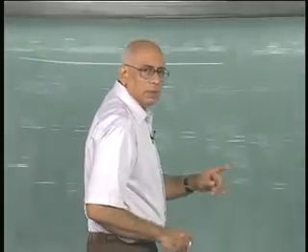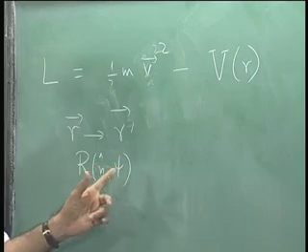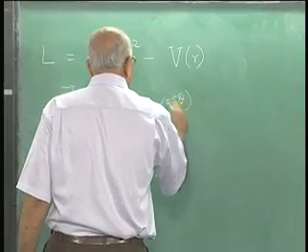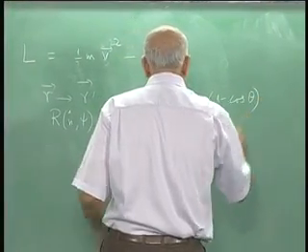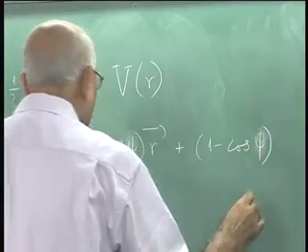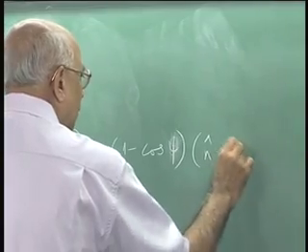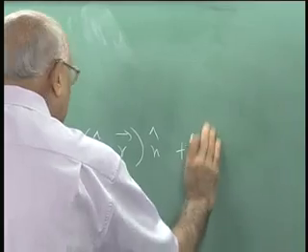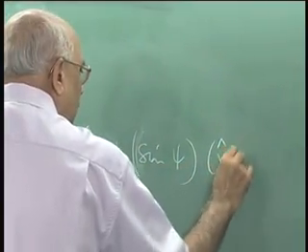Now I know that we already have a formula for the rotation of this vector by a finite amount, and if you recall, this quantity was equal to cos psi times r plus 1 minus cos psi, n dot r, n plus sin psi, n cross r.